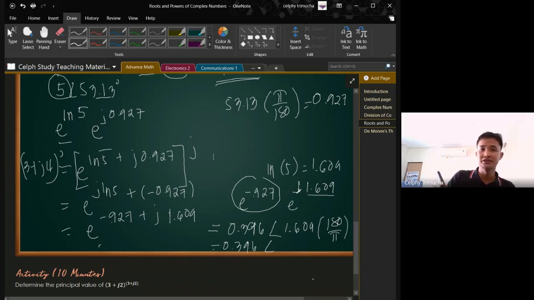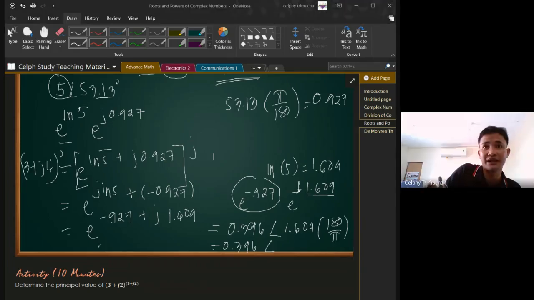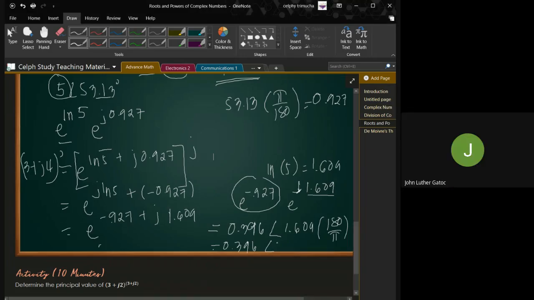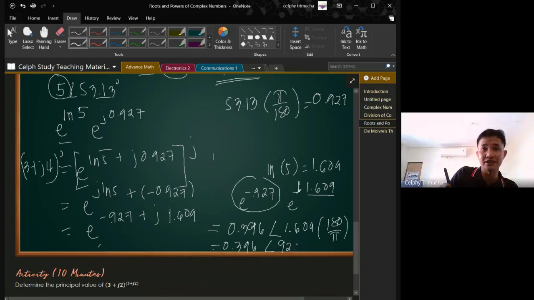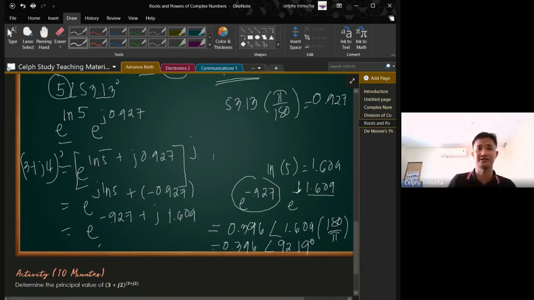We have 92.18, or 92.19 degrees, two decimal places is okay. So this is our principal value, the principal root of our complex number: 0.396 angle 92.19.